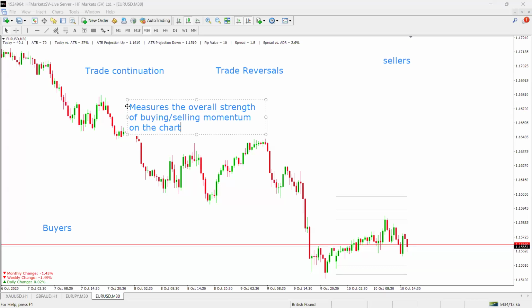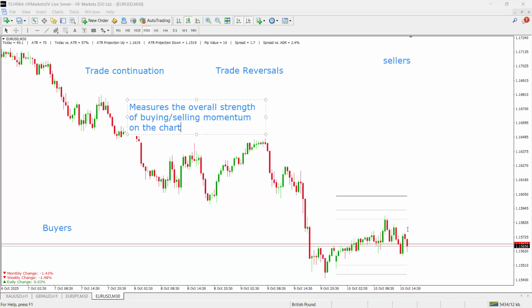And the major thing here is that it measures the overall strength of either a buying or selling momentum in the market. For example, we can clearly see a strong selling activity right here. To a certain extent, we can use the stochastic oscillator to measure the current strength to know if we can still take advantage or if a reversal is coming at any point in time.